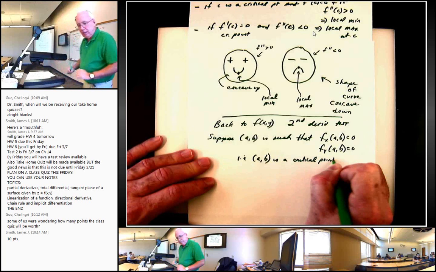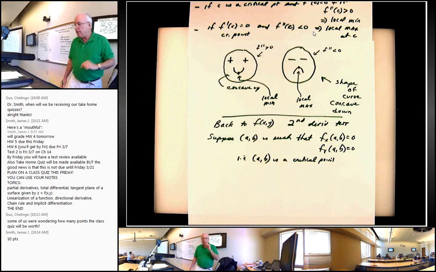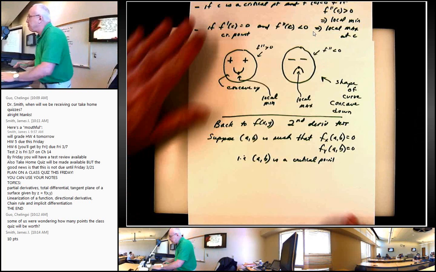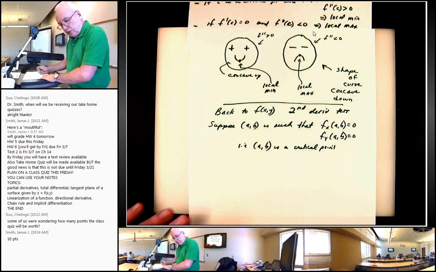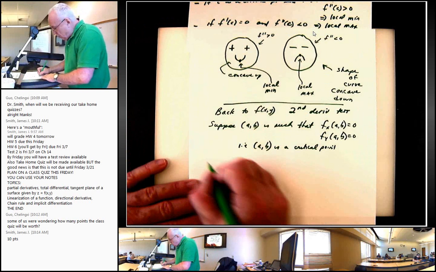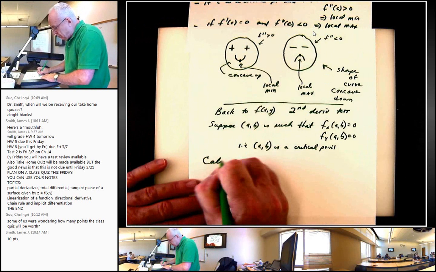All right. Now, what we have to look at here is not as simple a calculation as with the function of one variable. What we have to calculate is the following.